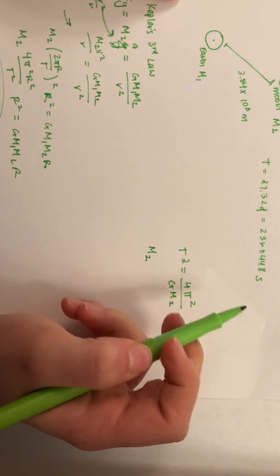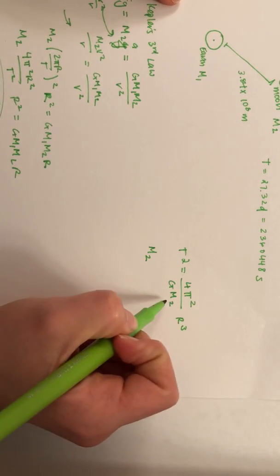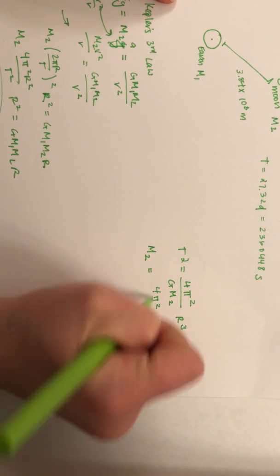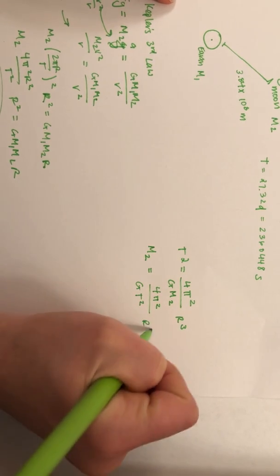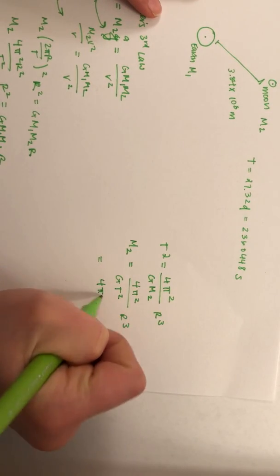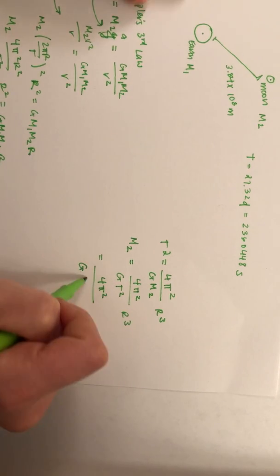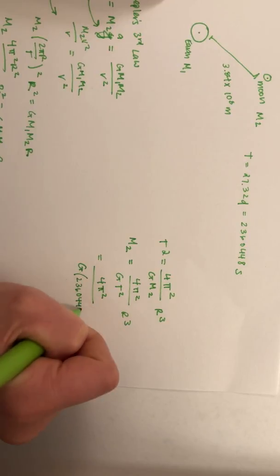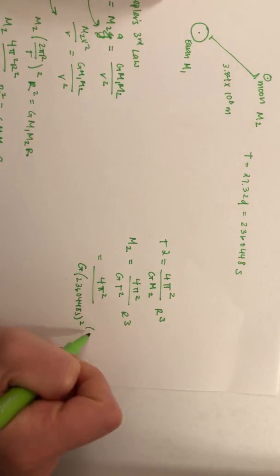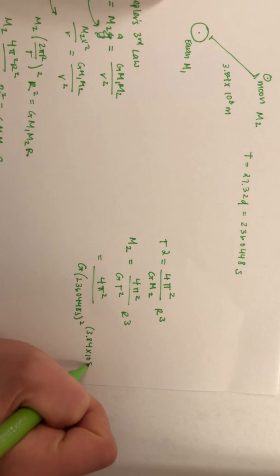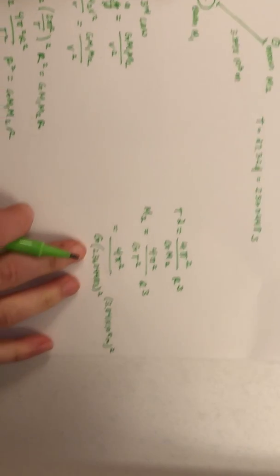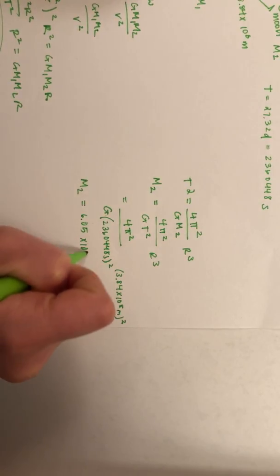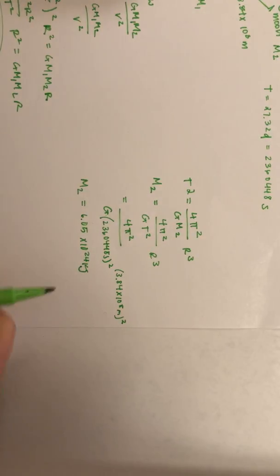The mass of the Earth is equal to 4 pi squared over G T squared times r cubed. 4 pi squared, constant G. We already found the period in seconds here, so 2,360,448 seconds squared. Radius 3.84 times 10 to the 8th meters cubed. And put this into your calculator and you'll get 6.05 times 10 to the 24th kilograms.